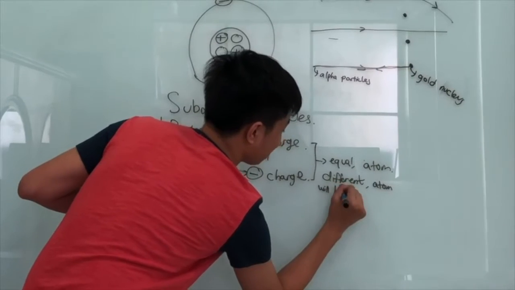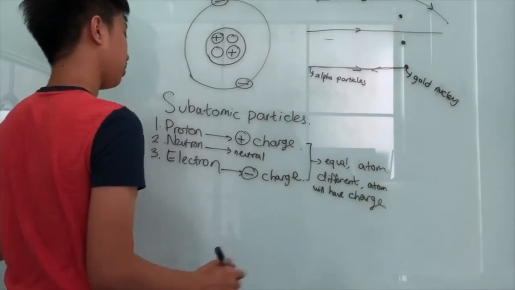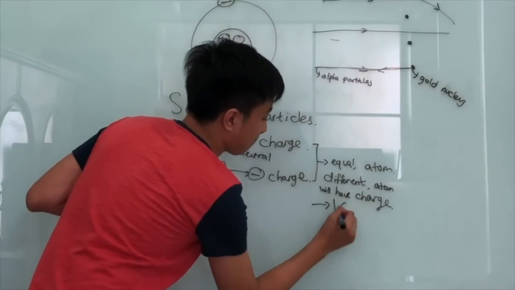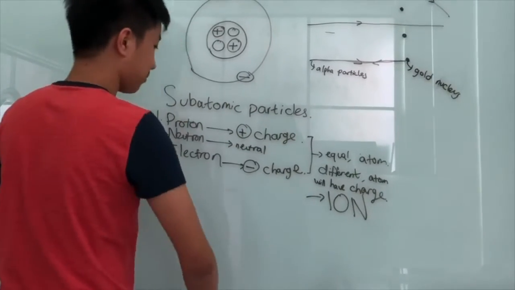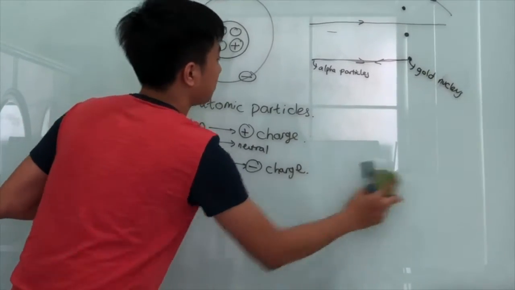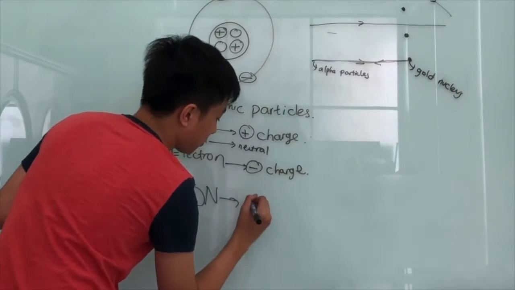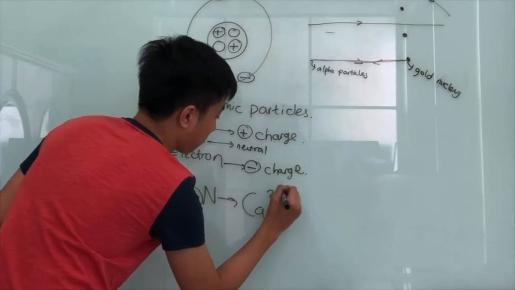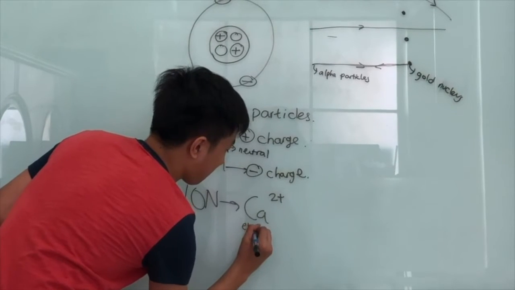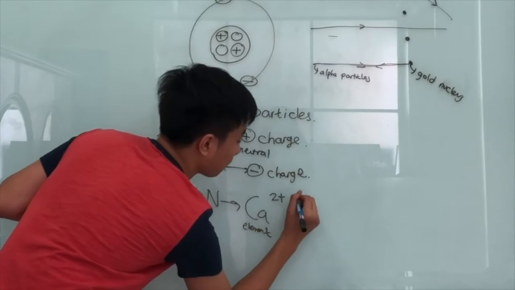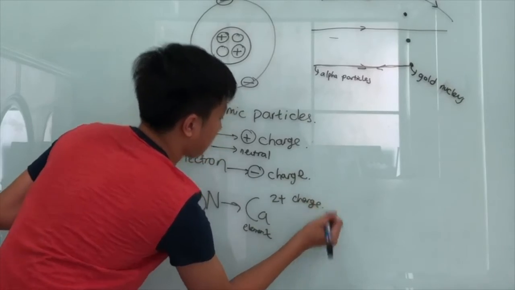When they are different, however, that means that they are ions and they will have a charge. An ion's notation is usually seen like this. For example, calcium has a 2+ charge, and so Ca is the element and 2+ is the charge.